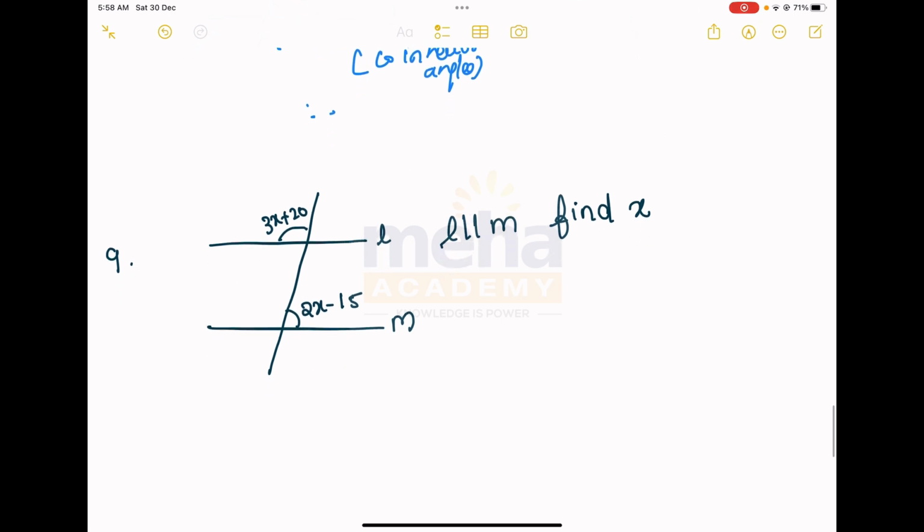Next question, we have to find the angle X given L is parallel to M. If L is parallel to M, we know this angle will also be 3x plus 20 because of vertically opposite angles. Let us keep this angle as 1. So angle 1 is equal to 3x plus 20 because vertically opposite angles.